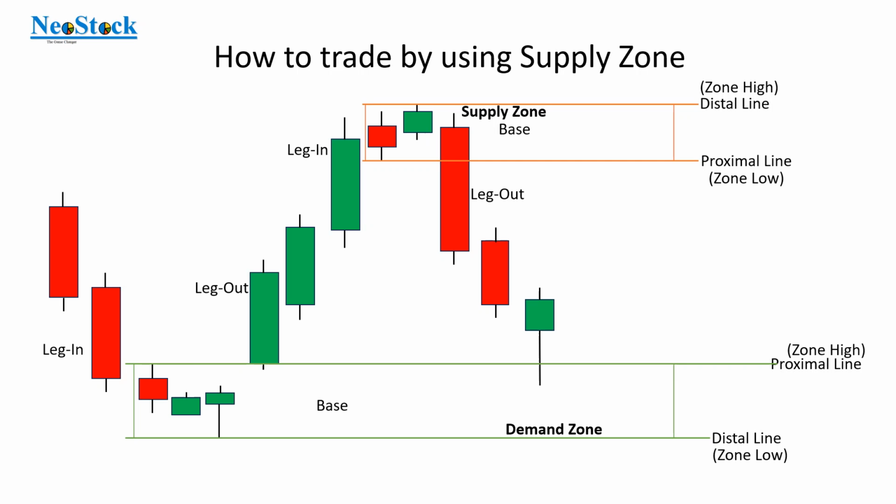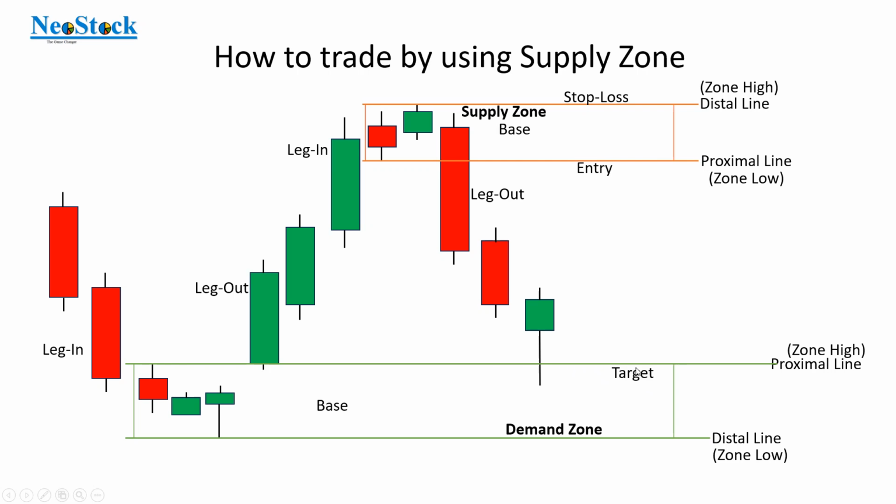Let us look into how to trade by using the supply zone. If you look into the supply zone, the proximal line of the supply zone is the entry. The distal line of the supply zone is the stop loss, and the proximal line of the demand zone is the target.